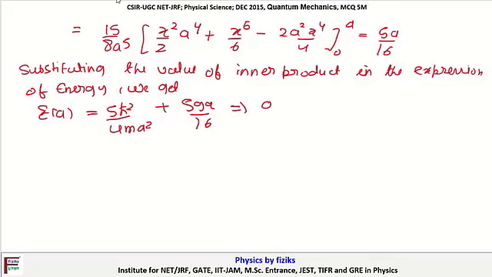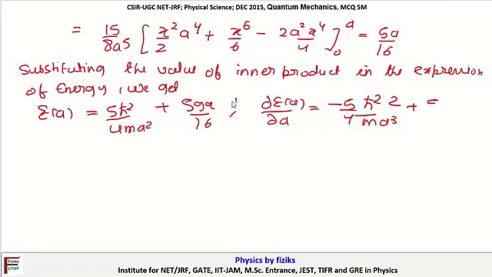Further, we have to differentiate energy with respect to a, which gives minus 5 by 4 h cross square by m a cube plus 5 by 16 g equals to 0, which implies a is equal to (2 h cross square by m g) to the power 1 by 3.